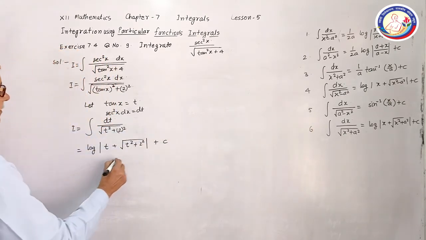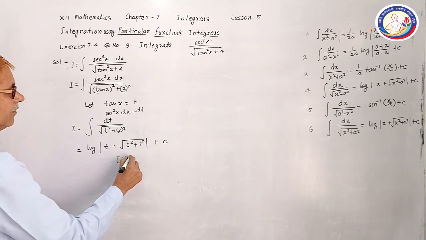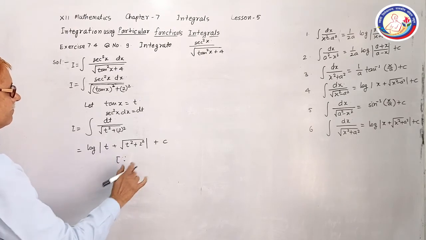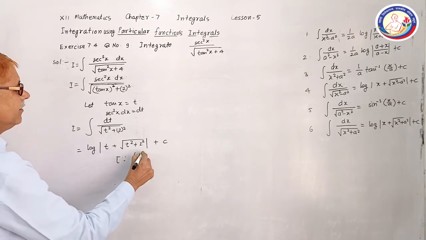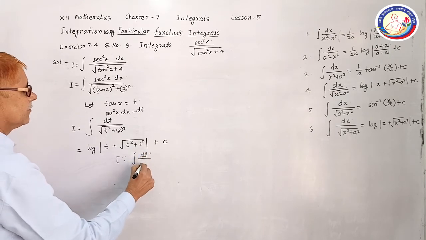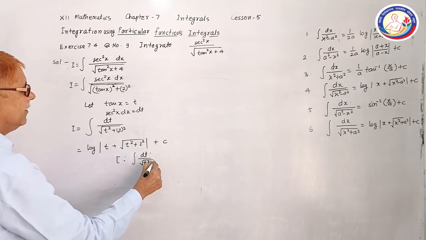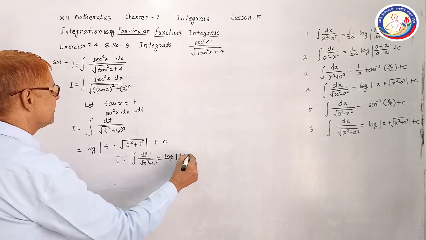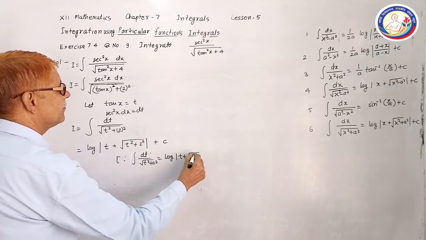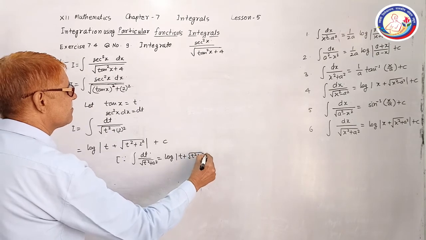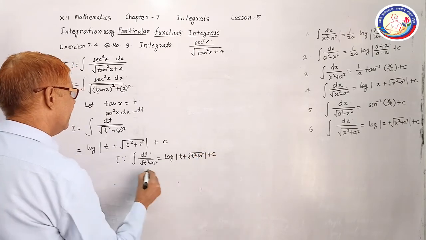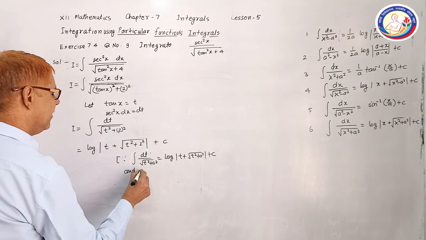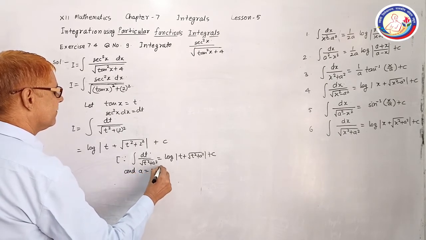We must write here formula also, because integration of dt upon square root of t square plus a square is equal to log of t plus square root of t square plus a square plus c, and a is equal to 2 here.